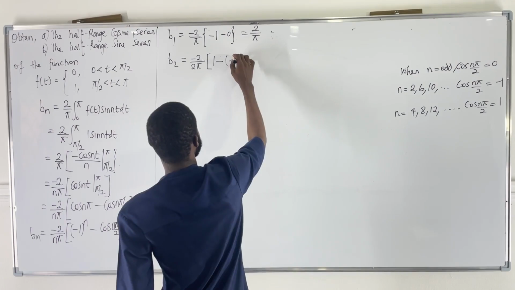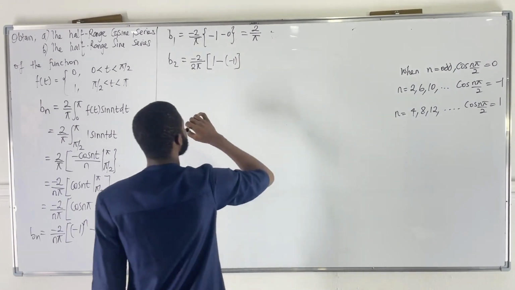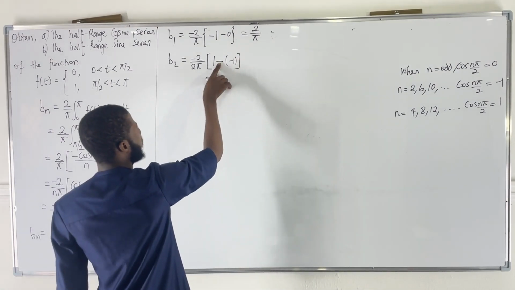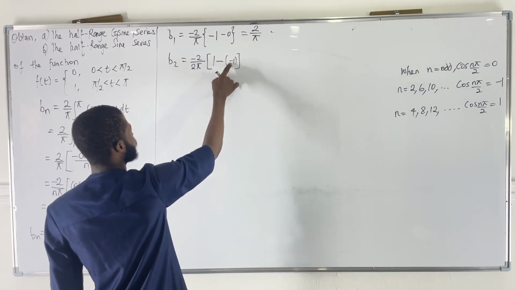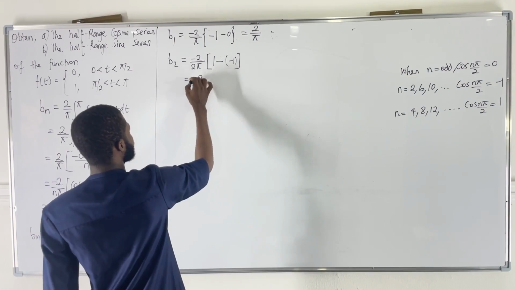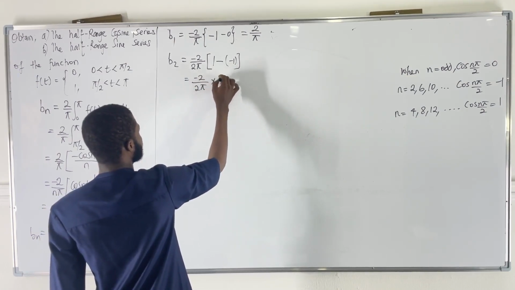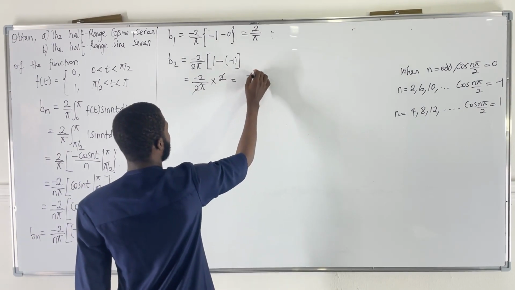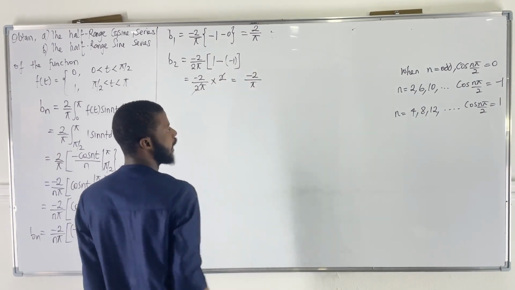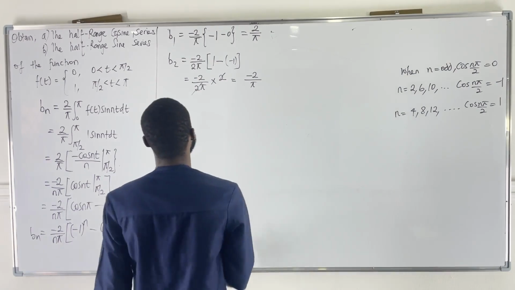So we have a minus 1. All right. Now look at this. Minus minus is plus. So 1 plus 1 is 2. So this will be minus 2 over 2 pi times 2. So this will cancel out this. So what we'll be having will become minus 2 over pi. That's what we're going to be having.